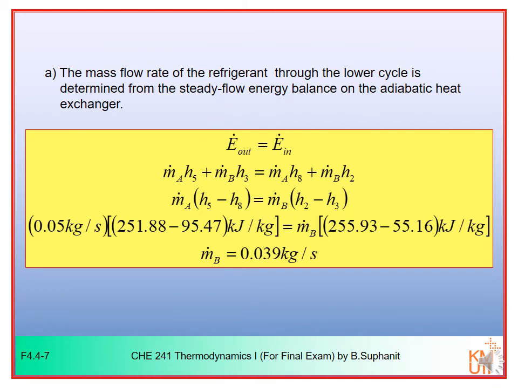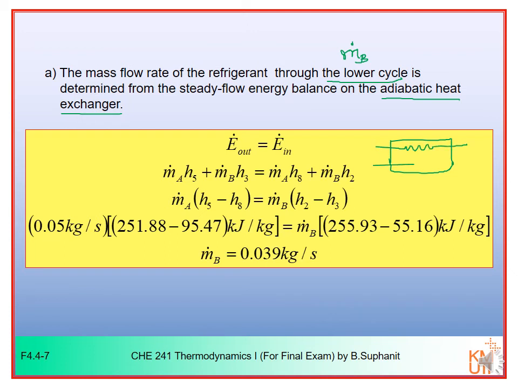Now let's start with the determination of the mass flow rate of the refrigerant in the lower cycle, or in cycle B, MB dot here. You can find MB dot from the energy balance around the adiabatic heat exchanger. Okay, so in the heat exchanger, you may draw a simple diagram of heat transfer between them.